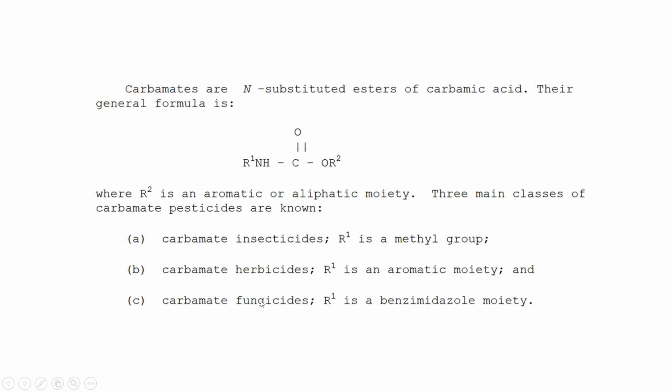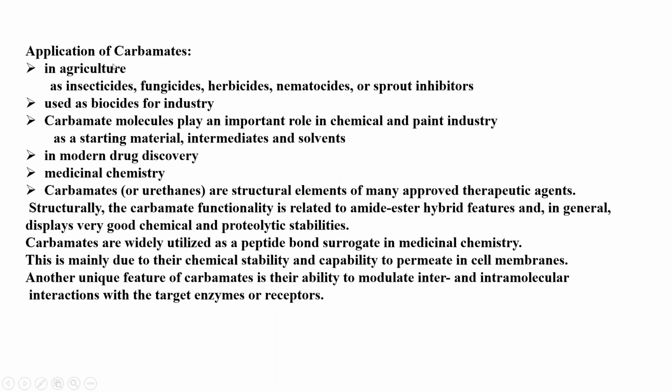In this slide, I want to explain the application of carbamates briefly. Carbamates are used in agriculture as insecticide, fungicide, herbicide, nematicide, or as a biocide for industry.